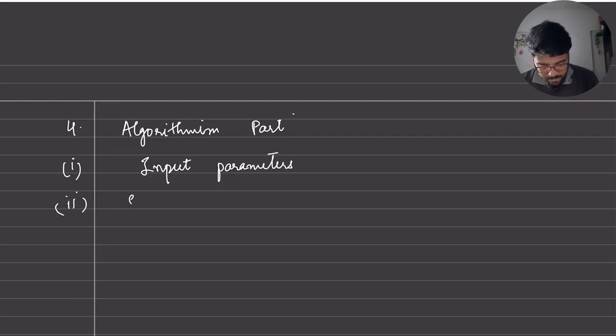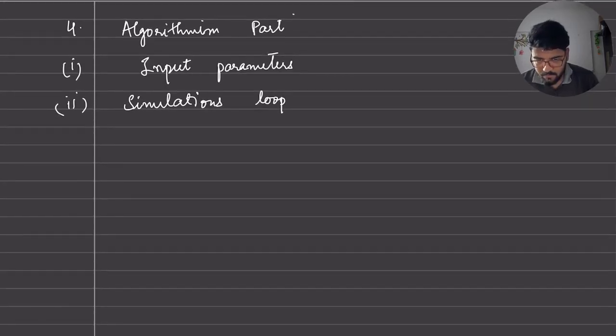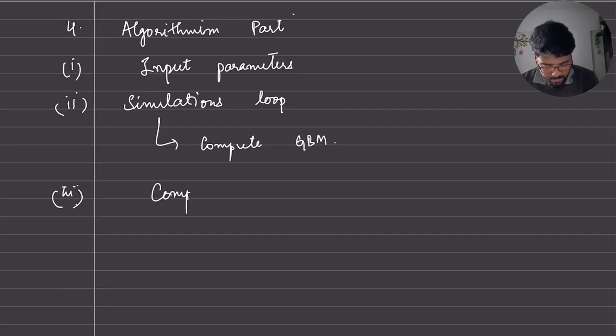Second is going to be the simulation loop. In this particular loop, what we are going to do is compute the geometric Brownian motion. Third, we are going to compute the payoff of that particular option.